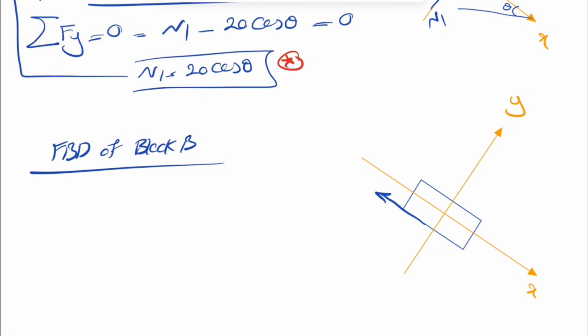So we have two frictions, one between the incline and the block. We're going to call this normal force N2, and our F2 would have the same coefficient times N2.